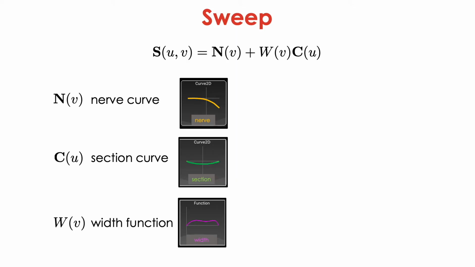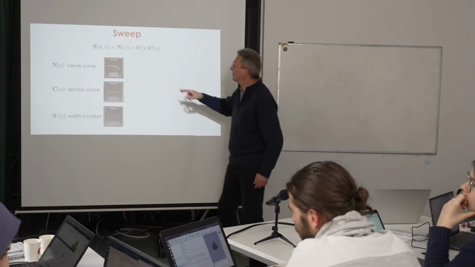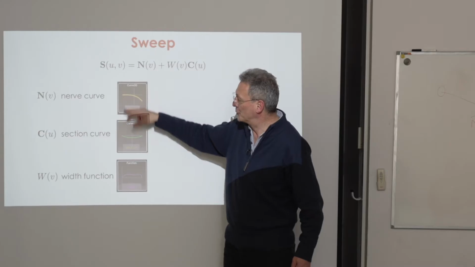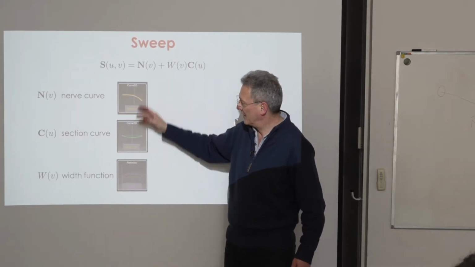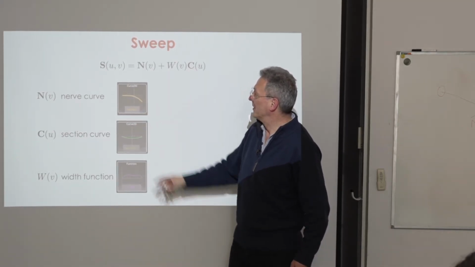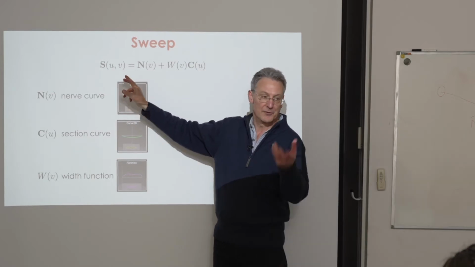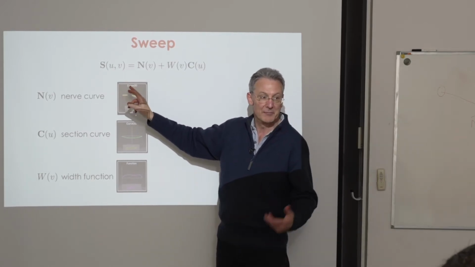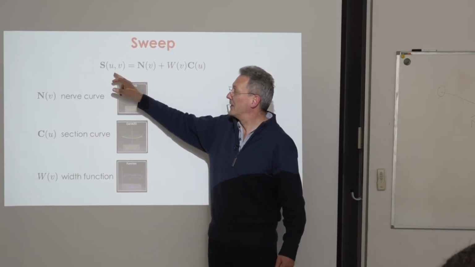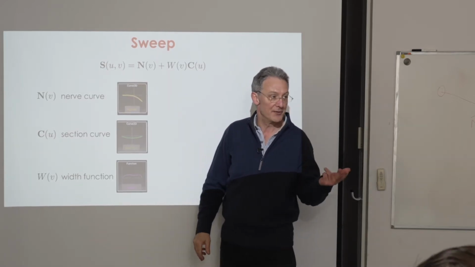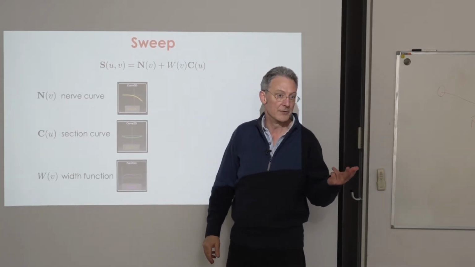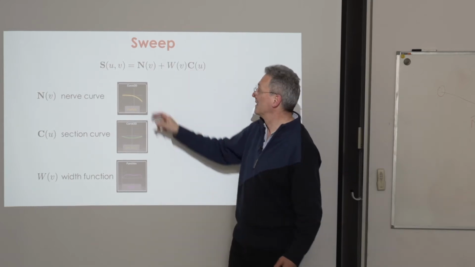Okay, now we can move on to the sweep. So we already saw the sweep. The sweep is a combination, as I said, of two curves and a width function that is controlling the combination of these two curves. So the surface, just to have a mathematical insight of what is behind: a point that depends on two parameters describes the surface in the 3D space.